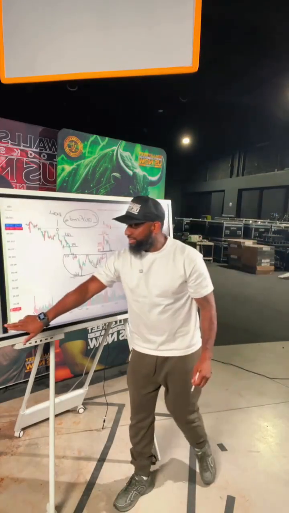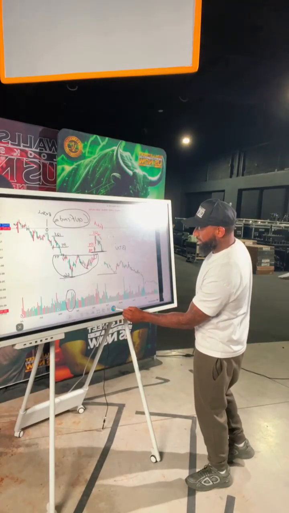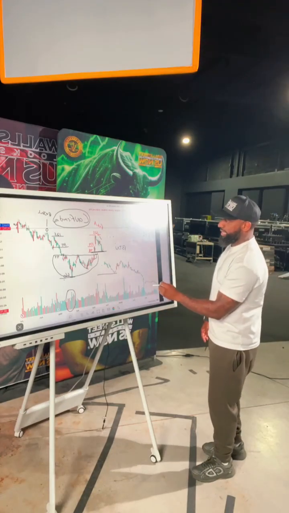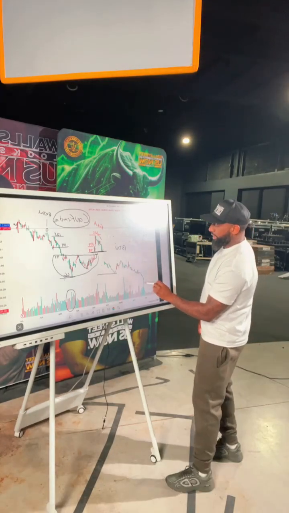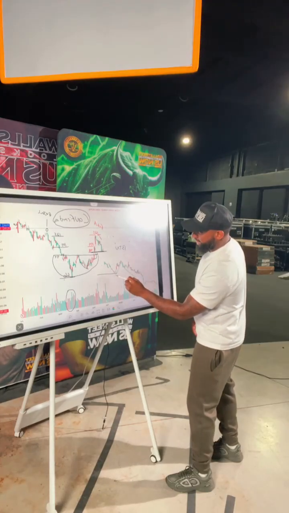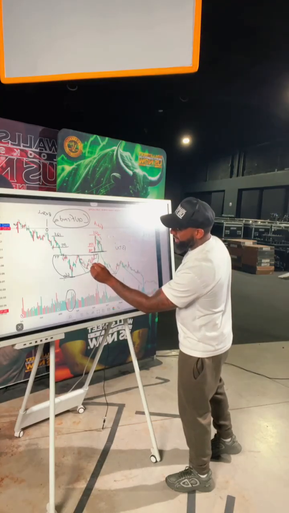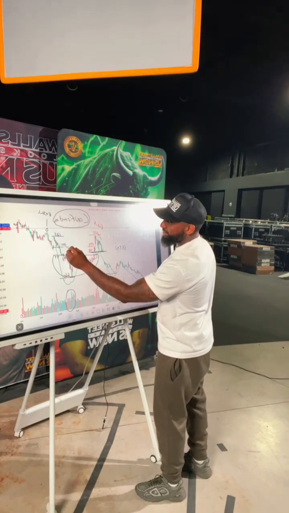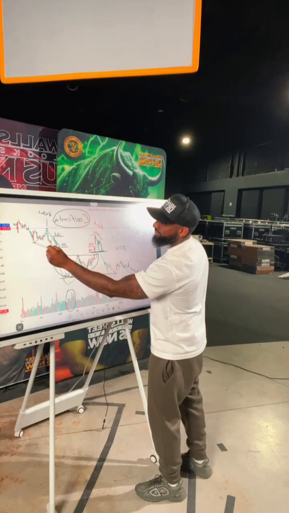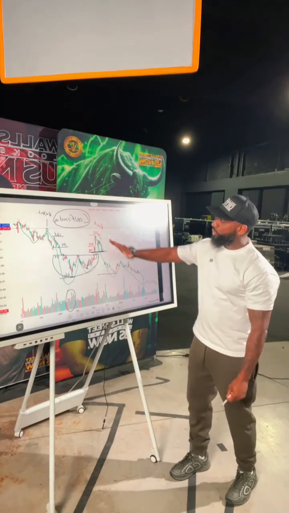If I'm looking at this, here's how I'm looking at it. This is one wave. This is a wave. That's a wave. That's a wave. That's a wave. I'm going to come all the way up here to the wave. That's a wave. I'm looking at this in waves.